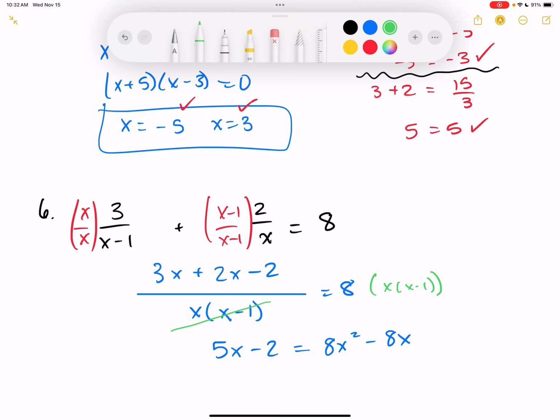Now I need to get everything to one side, so I'm going to move these things over here. So negative 8x squared plus 13x minus 2 equals 0.